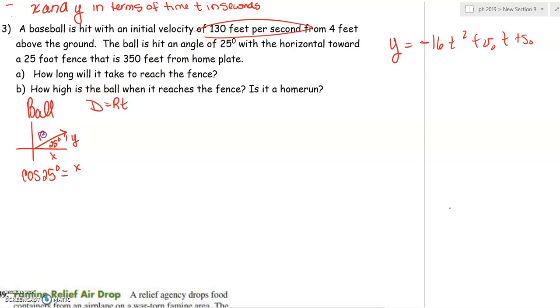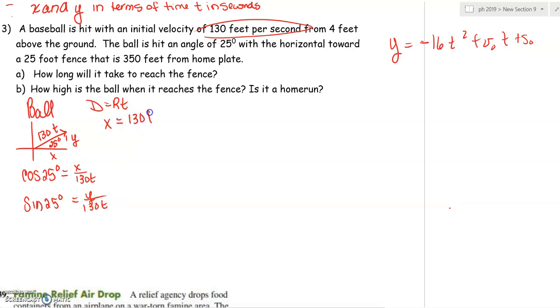So we would say 130t, because we're talking about distances. How far did the ball go? How high is it? We want to consider the path of the ball. So the cosine of 25 is x over 130t, and the sine of 25 is y over 130t. So that's how we get our equations.